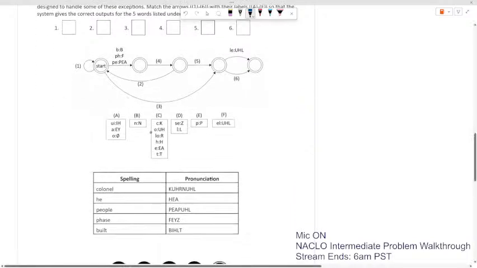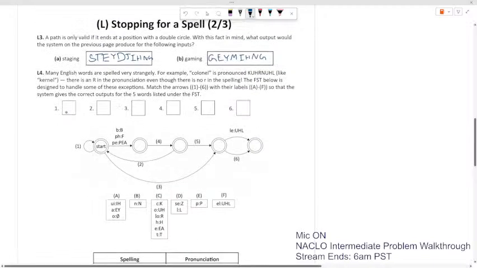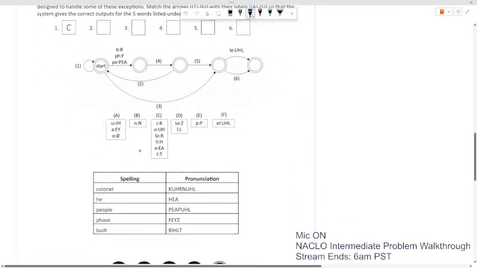Right. So the start has to be C because all of these start with consonants, like he, people. Yeah, there we go. People.